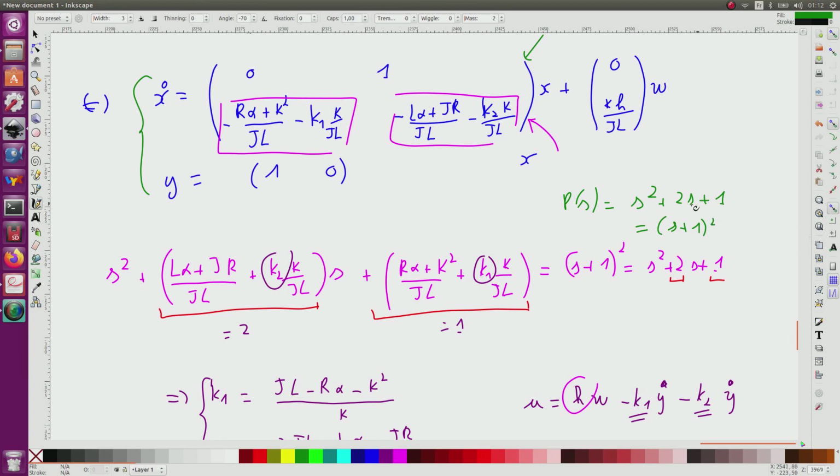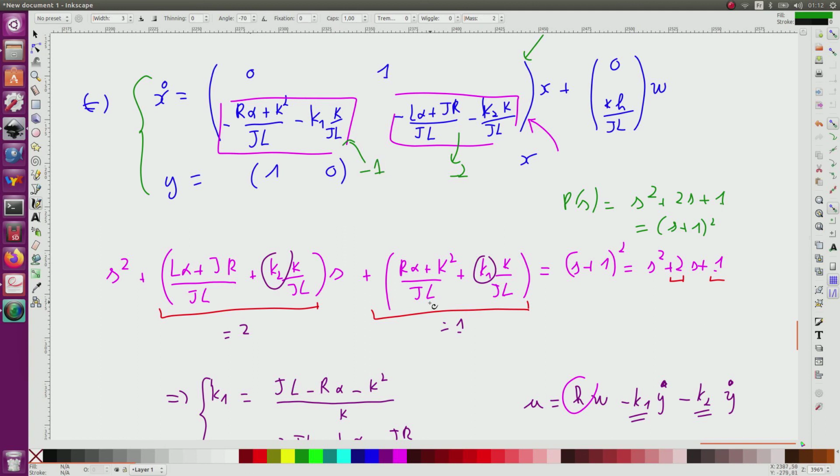Since it is a companion matrix, here I have, with a sign, the coefficients of the characteristic polynomial. So this one corresponds to -2, and this one corresponds to -1.